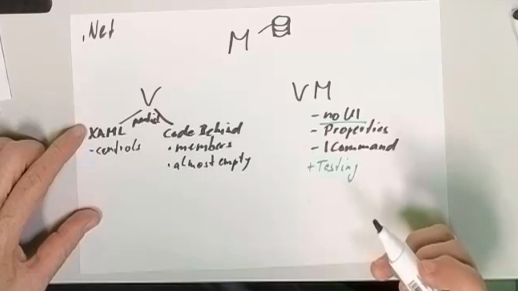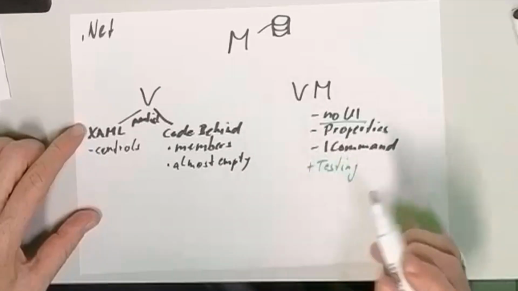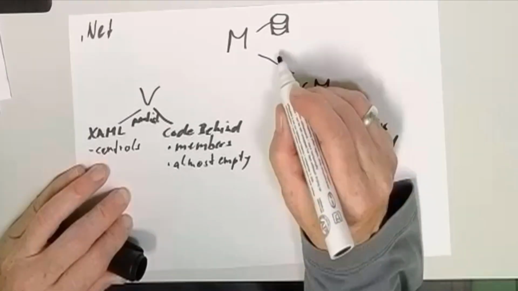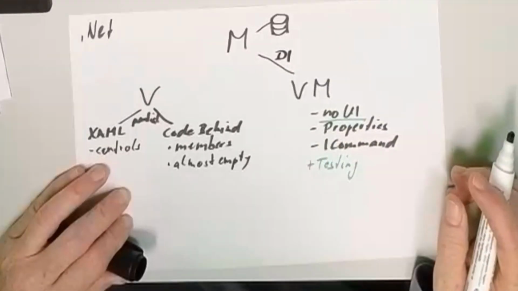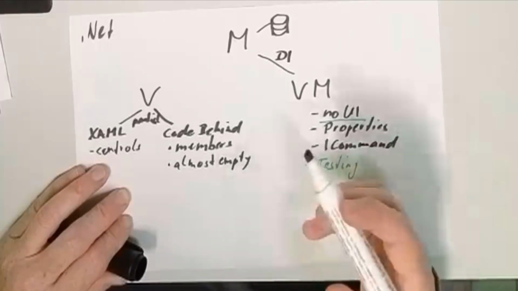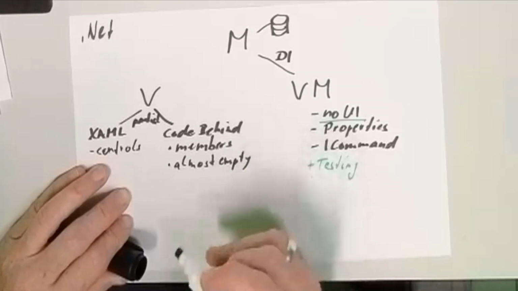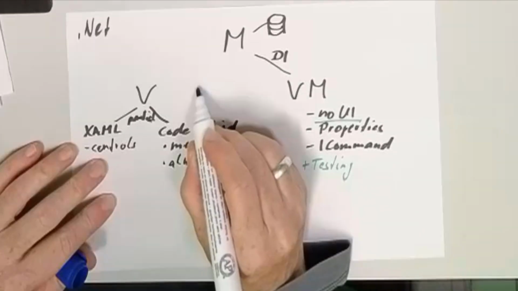So now comes the interesting part: how do they communicate with each other? This communication is in general very easy. You use some sort of dependency injection, like you pass an instance of the model into the constructor of the view model. Now comes the interesting part.